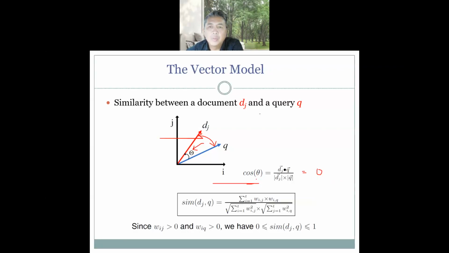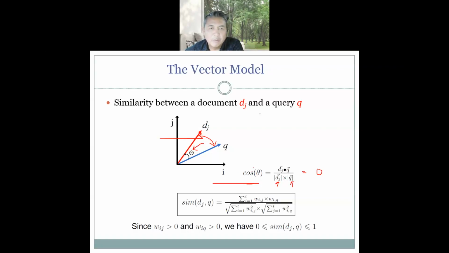So we can use the cosine function to compute the similarity. What we do is take the product of the two vectors, divide by the magnitude of each vector, times the magnitude of document J and then the magnitude of the query.